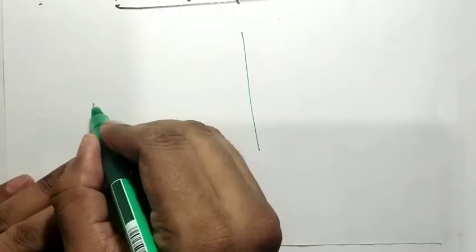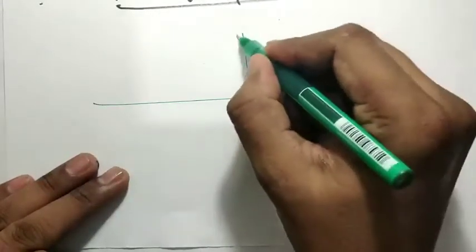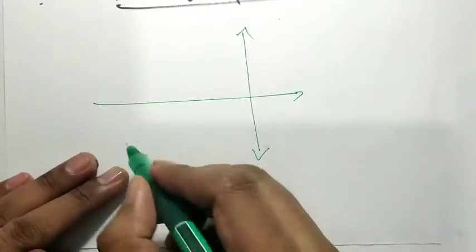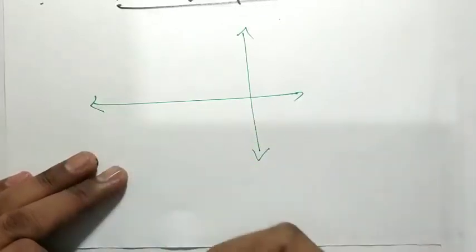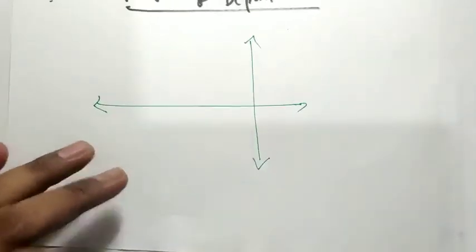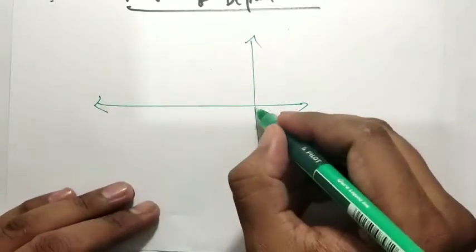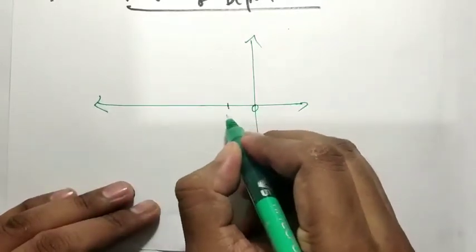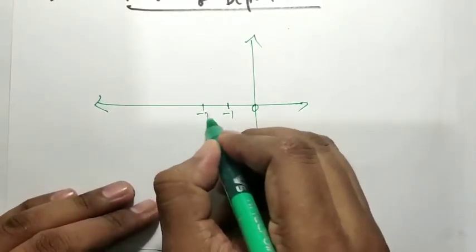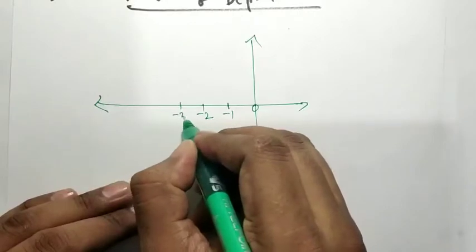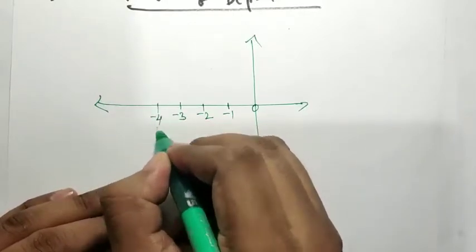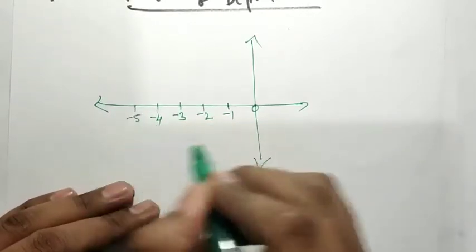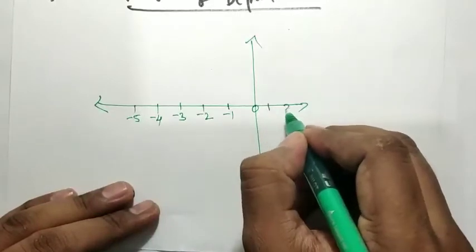You locate s equal to 0, minus 1, minus 2, minus 3, minus 4, minus 5, and here 1, 2, and so on.